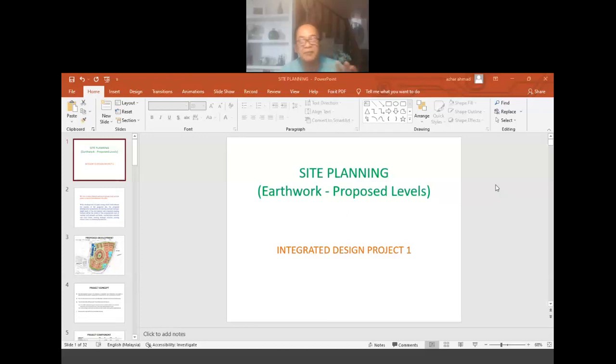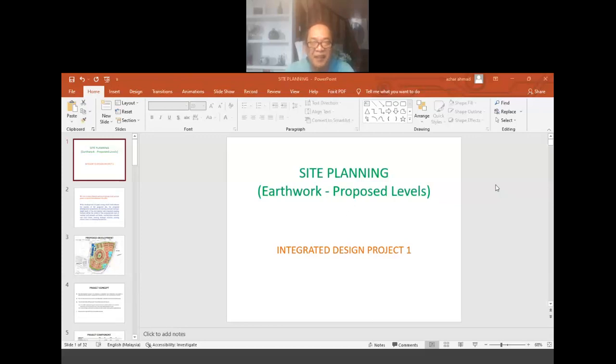So based on the proposed levels in the initial stage of your IDP earthwork module, the costing department will come out with the costing for the first proposal.